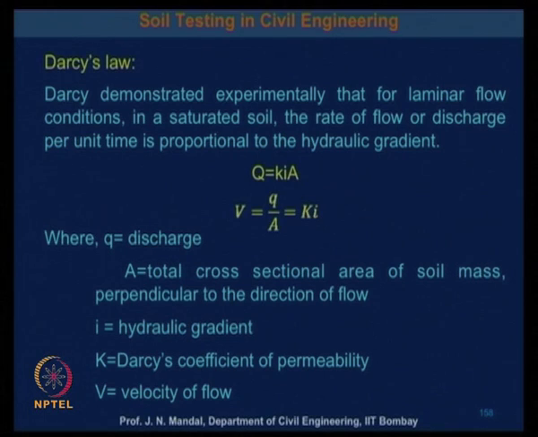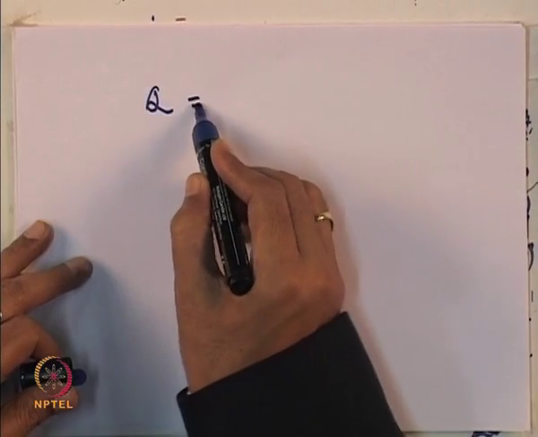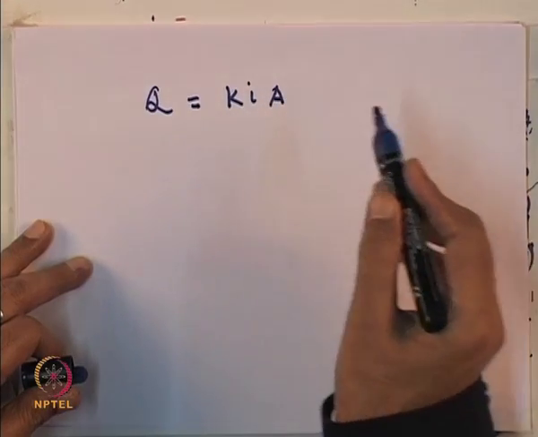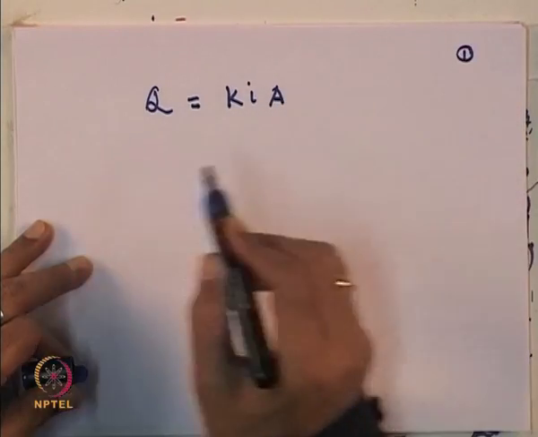So, we can write that Q is equal to K I A.